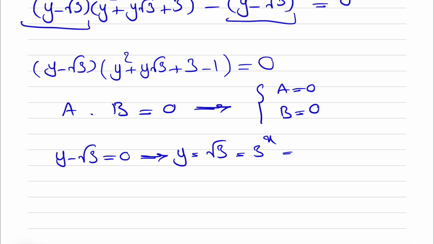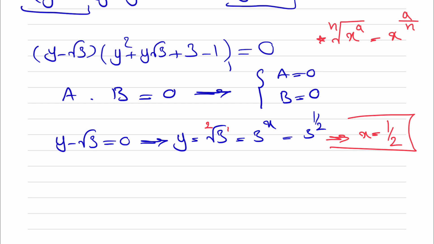And we know square root of 3 is 3 to the power of 1 over 2. And that's going to come from when we have the nth root of x to the power of a, this will be equal to x to the power of a over n. So here our n is 2 and our a is 1. So 3 to the power of 1/2. And that's going to give us the first answer, which is 1/2.